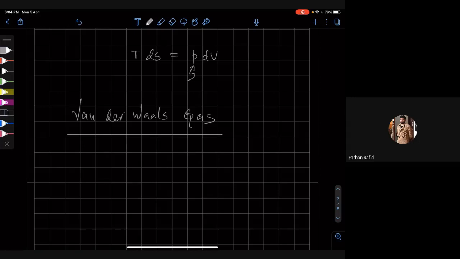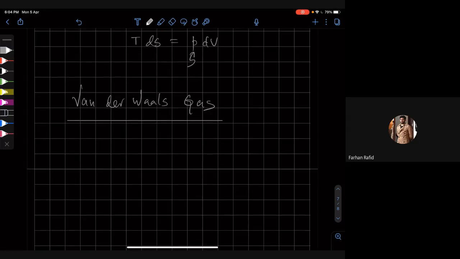So the van der Waals gas, who is a cousin of Rip Van Winkle, sorry about that, is not an ideal gas. It's one of the realistic gases which arises from some sort of attractive intermolecular forces.